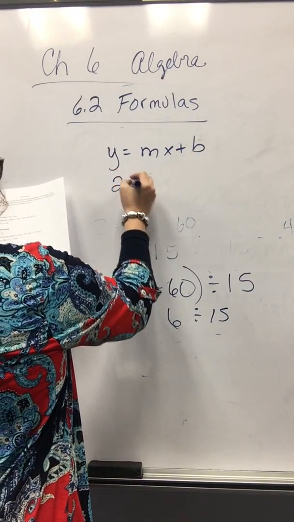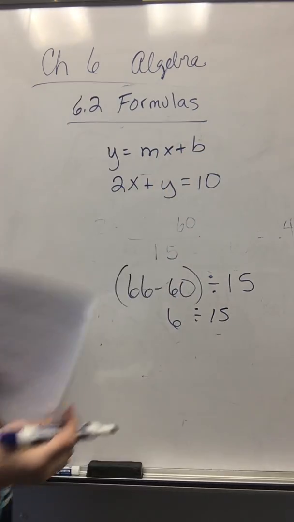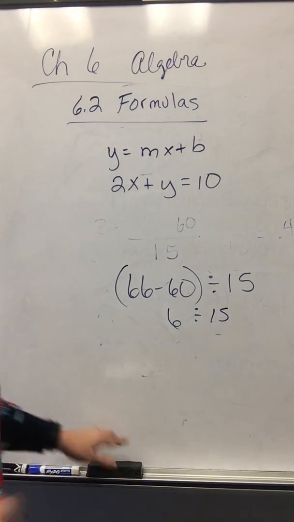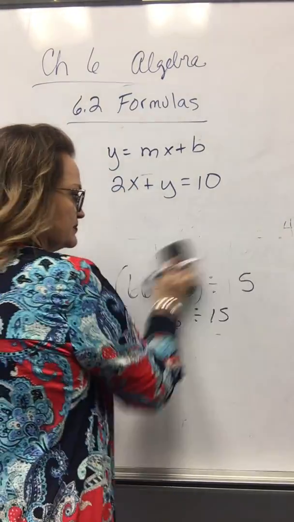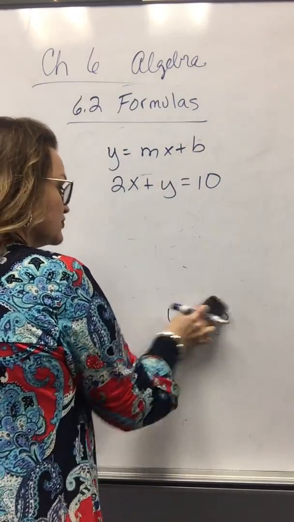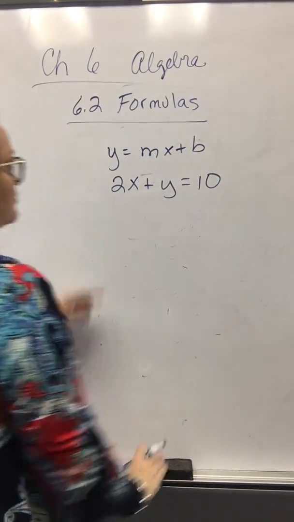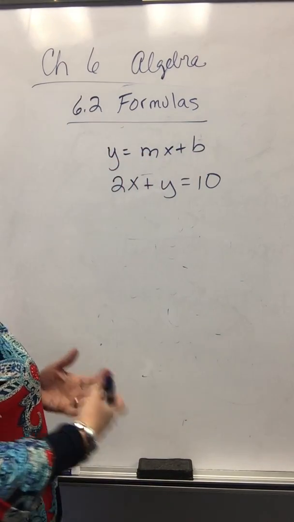So here's what we need to learn in this section about this formula. To help us graph our lines, whenever our line is in general standard form, 2x plus y equals a constant, that's the standard form for a line. If we can rearrange it for the y variable and have y equals, it will be easier to graph.